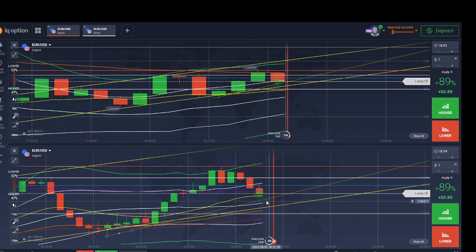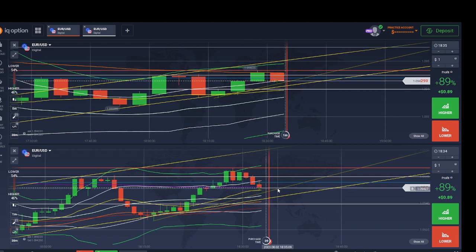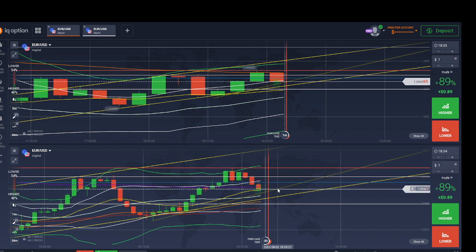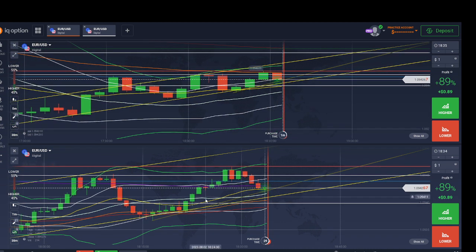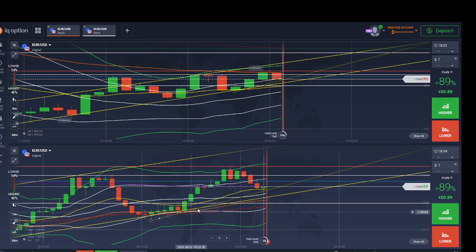And then there is a trend line here. So my bet would be that if it tries to get into the trend line, this will be the third attempt at a trend line. 1, 2, 3.